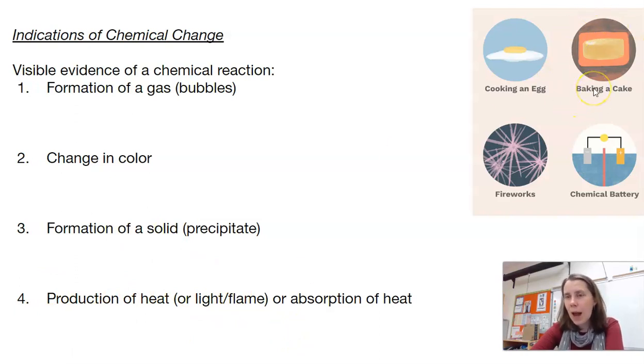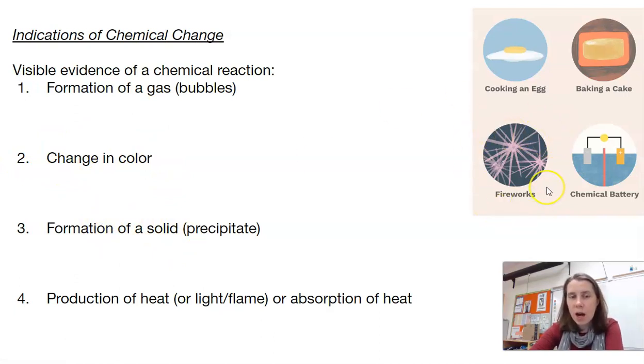Baking a cake, again, we're adding heat, but there's no indication that the temperature changes because of the baking itself. But we do form a gas. That's why our baked goods get bigger, because the gas is formed and we have air bubbles in there. And the color definitely changes. And we also have solids at the end where we started with liquid.